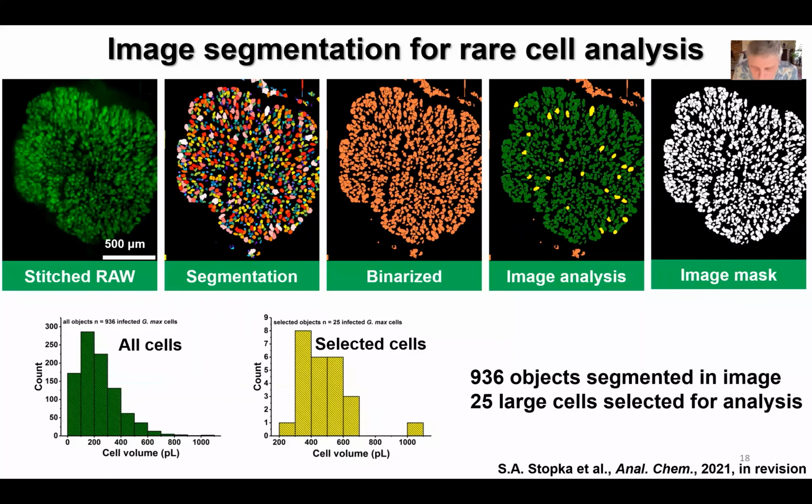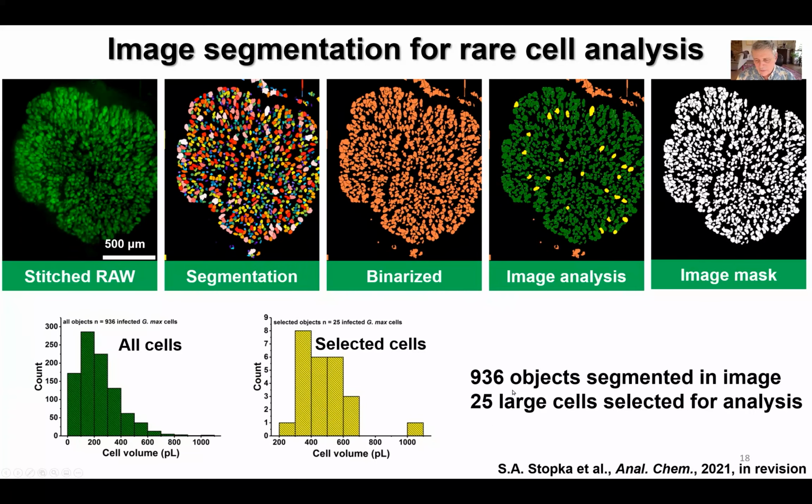Finally, we also were interested in image segmentation for rare cell analysis. So this is, again, a root nodule with the infected cells identified. Through image segmentation, we were able to do morphometric analysis and pick out cells based on their size.